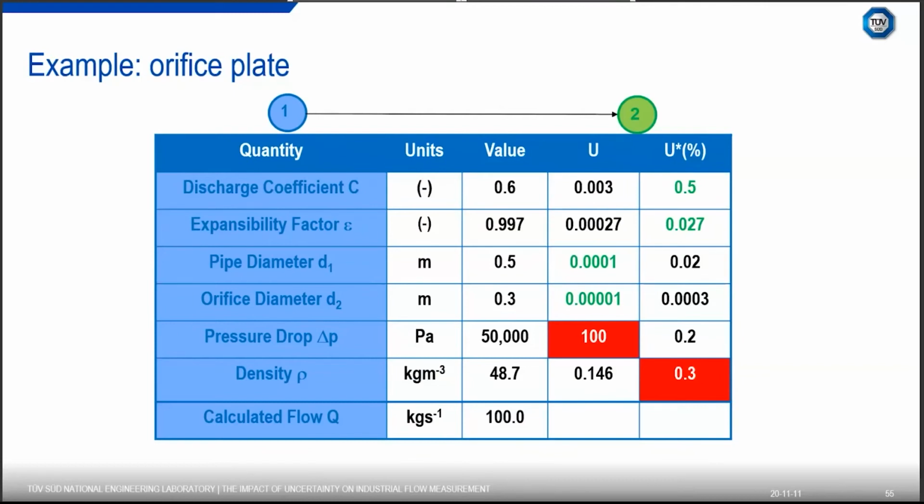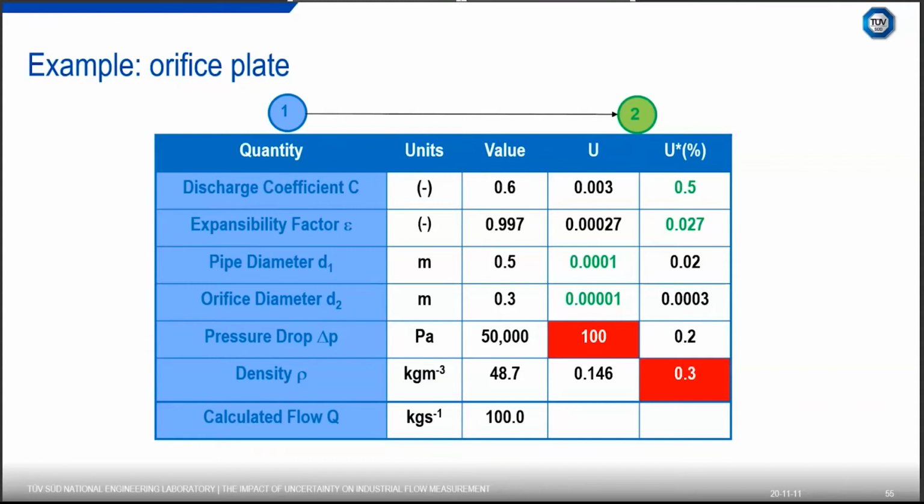So they can be quoted as, I think that's 0.1 mil and 0.01 mil uncertainty, expanded uncertainty for the pipe and orifice diameter. And the pressure drop and density uncertainty values, these have been highlighted in red just because your pressure drop will be calculated by working out the difference in height in the U-tube manometer.